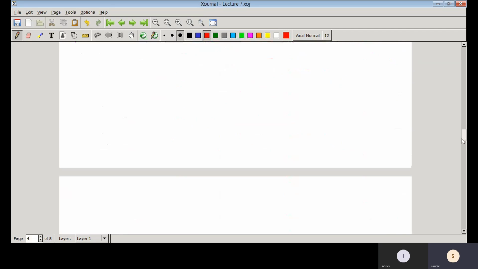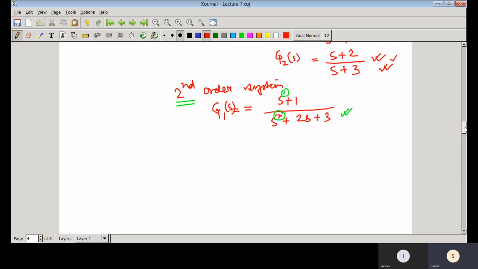So let us see how we can represent it in the case of MIMO systems. The transfer function, in abbreviated form TF, of a multi-input multi-output system, that is a MIMO system.